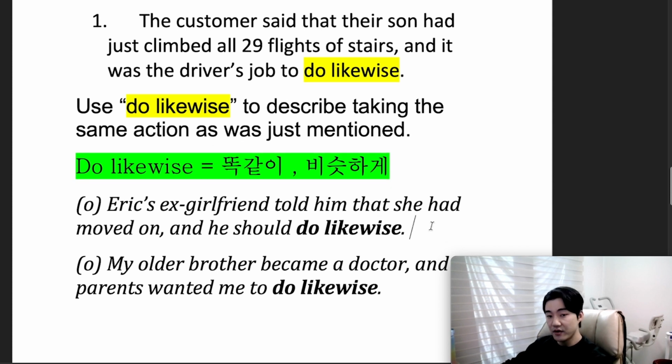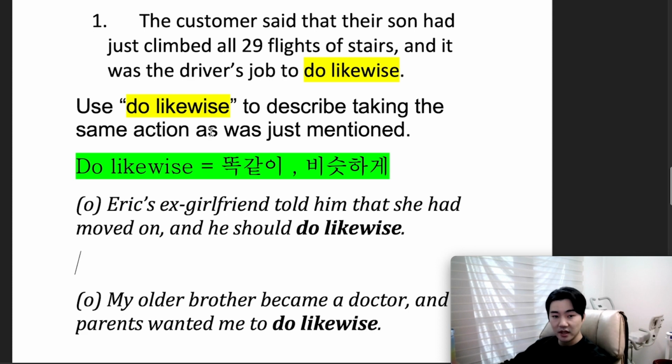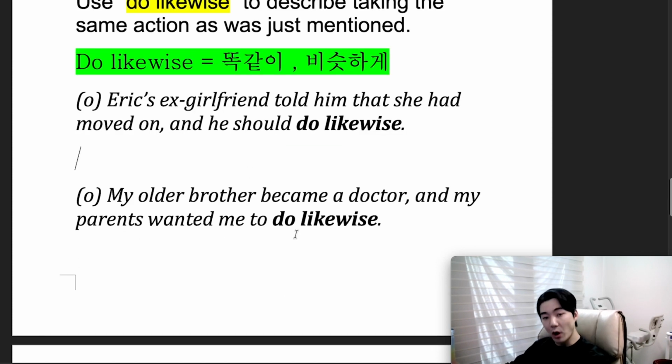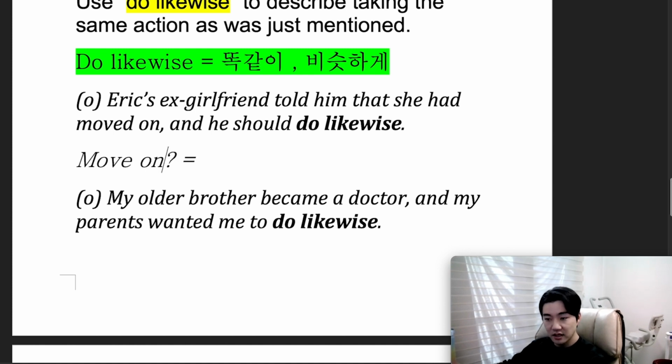Let's have a look at our first example. Eric's ex-girlfriend told him that she had moved on. So 에릭이 전 여자친구는 에릭에게 그녀가 그를 잊었고 에릭도 그렇게 해야 한다고 말했습니다. Move on in this situation, what does it mean? Okay.